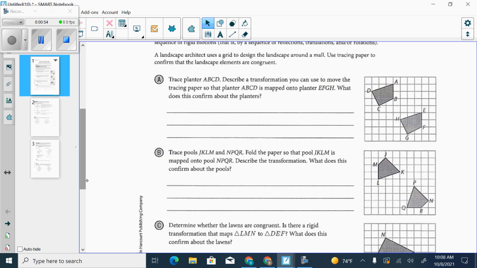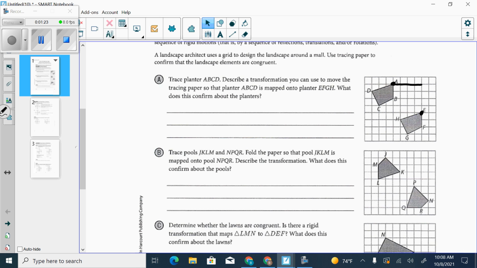Okay, so what we're doing is trying to figure out how far it is from one to the next. So you just need to pick one point and then its corresponding point and count how far apart they are. So if I start with point A, which point corresponds with it in the other figure? E. Okay? All right, so I'm going to have to move so many points this direction.